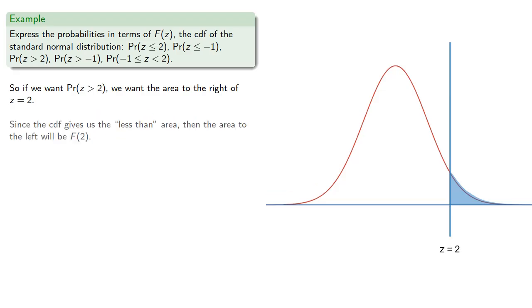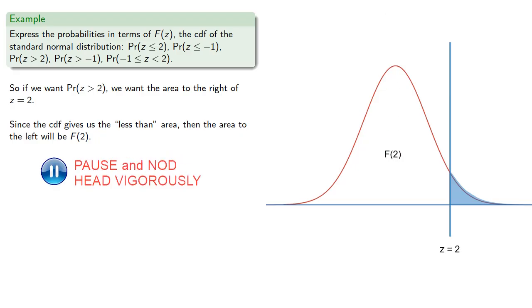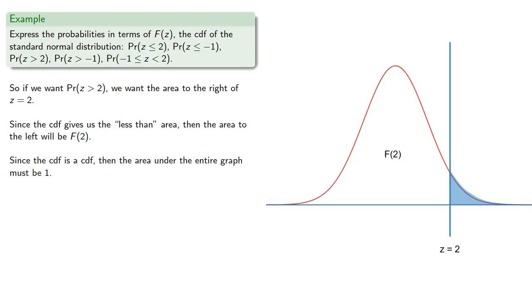Since the CDF gives us the less-than areas, the area to the left will be F of 2. And since the area under the entire graph must be 1, the area we want must be 1 minus F of 2.